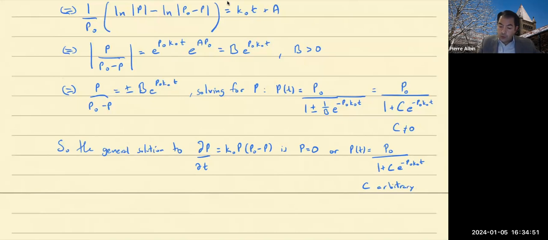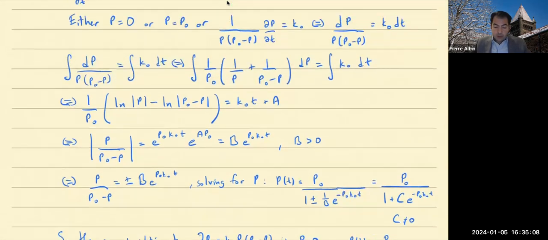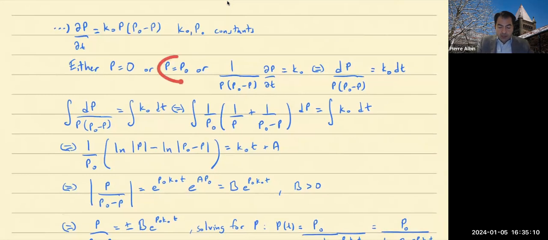Right? So why was it that here we had c not equal to 0, whereas now we have c arbitrary? Well, what happens if you plug in c equal to 0? Then this fraction just becomes p naught, right? And remember, when we started, that was one of the possibilities that we had to consider separately.